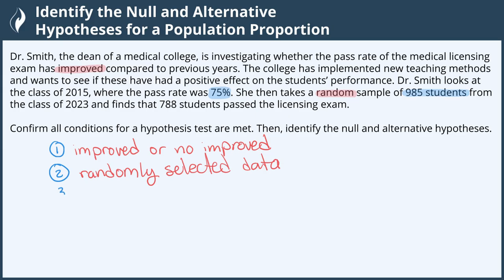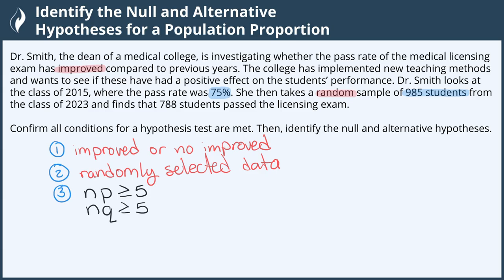Now for our third condition, we need to ensure the number of trials times the proportion of successes is greater than or equal to 5, and that the number of trials times the proportion of failures is also greater than 5. So let's go look at our information.